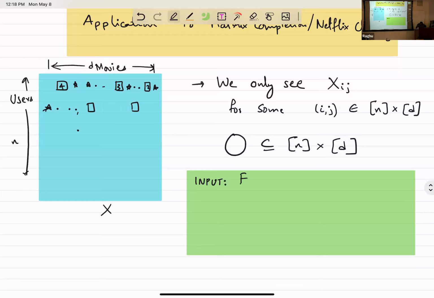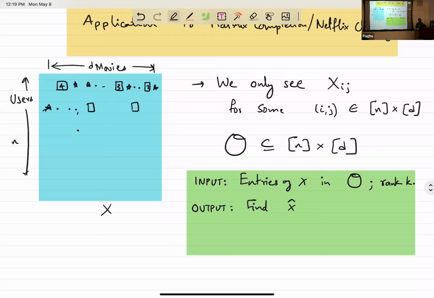The input is entries of X in some matrix O and the rank parameter K. Maybe let me put a circle here to distinguish it from 0. Okay. So we see entries of X in some subset of the rows and columns O, and there's a rank parameter K.